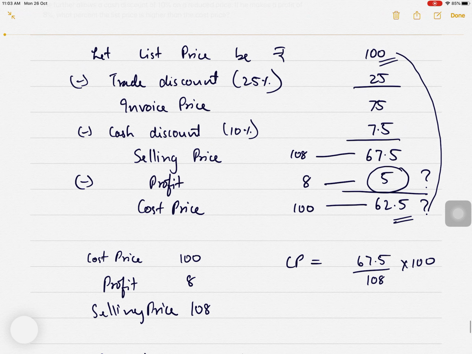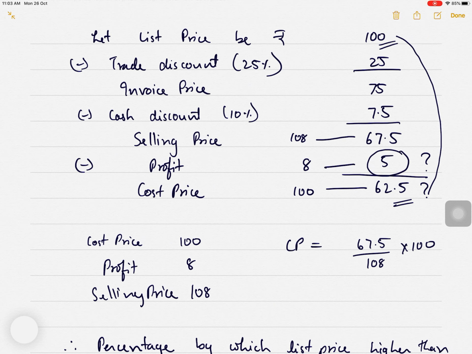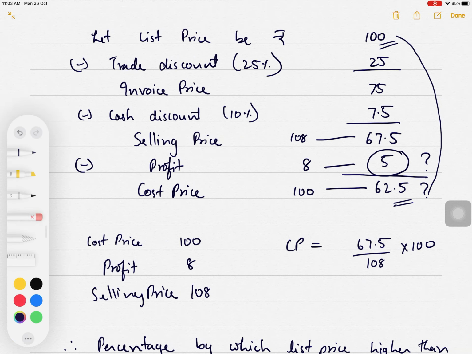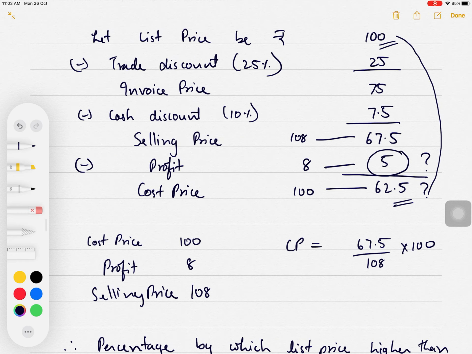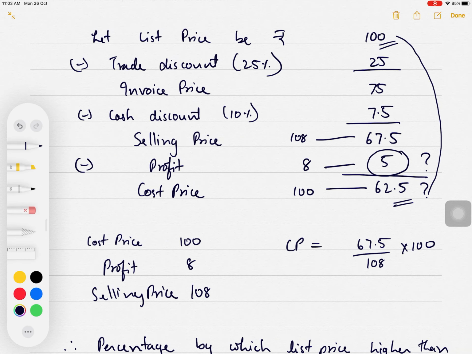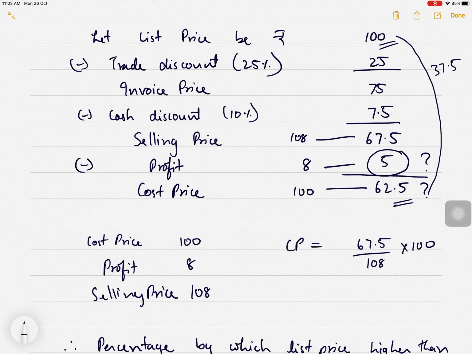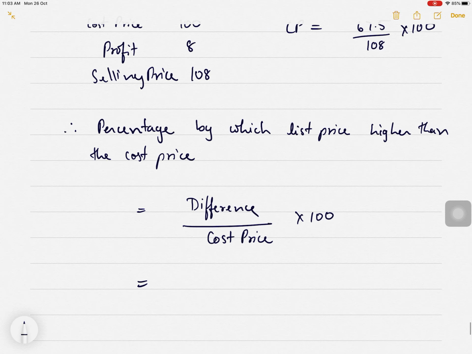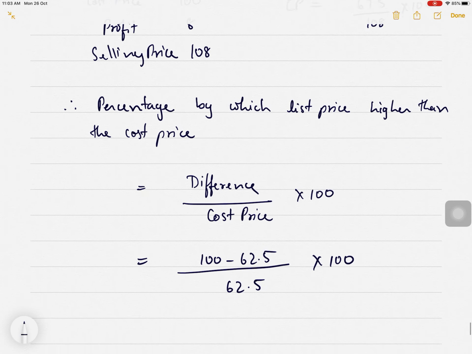So 100 minus 62.5. What is 100 minus 62.5? It comes to 37.5, right? So the difference is 100 minus 62.5 divided by 62.5 into 100.